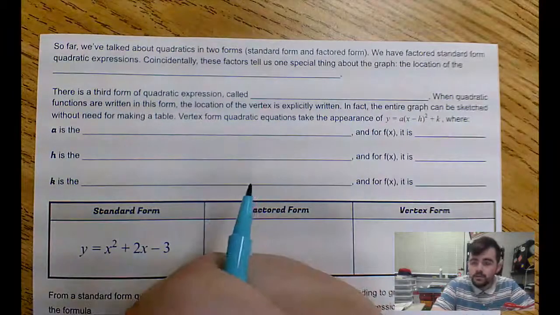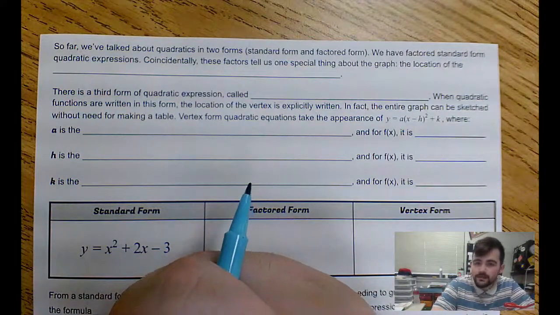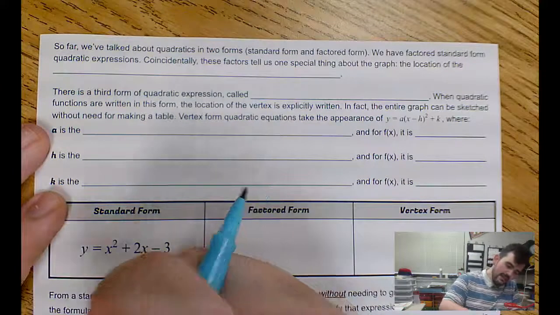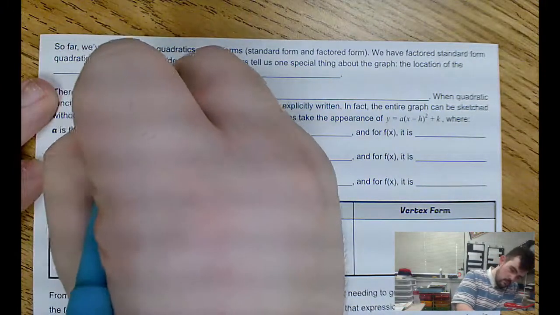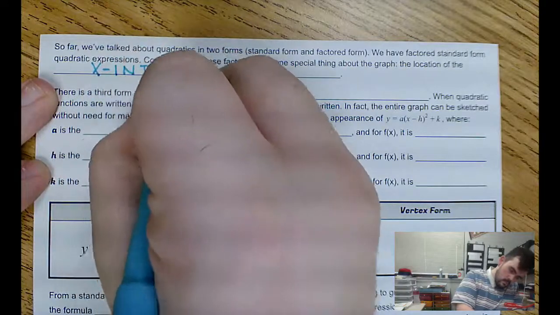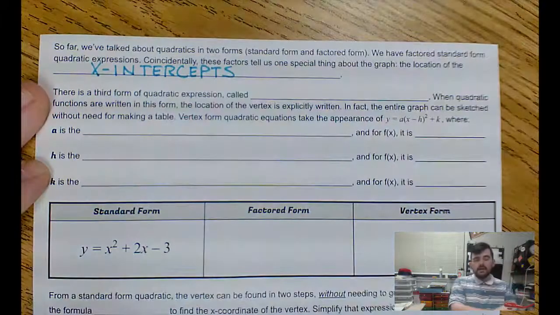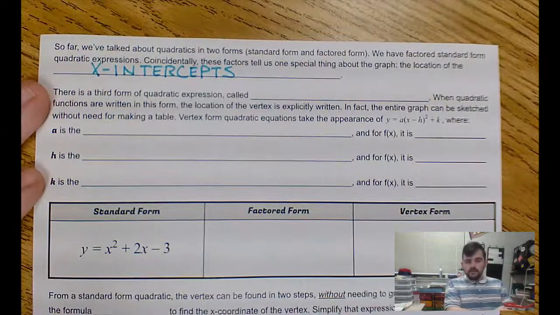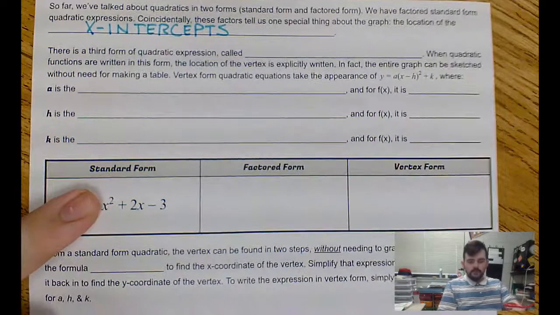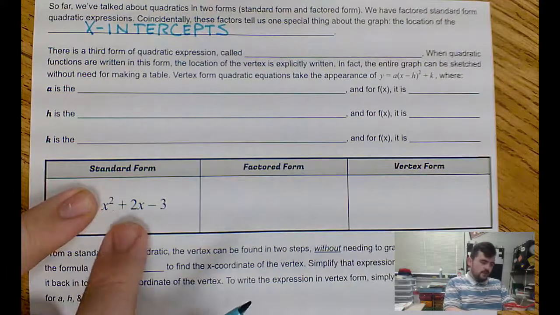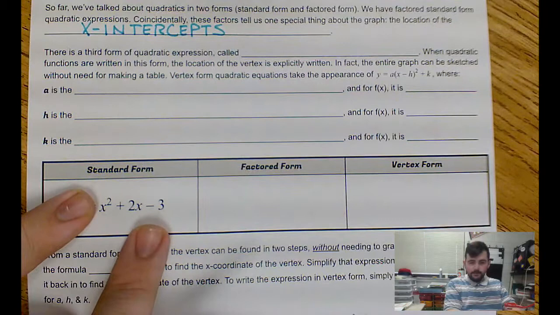Now, I mentioned this a little bit ago, but coincidentally, the factors tell us one special thing about the graph, the location of the x-intercepts. Now, we're mostly done factoring for the next little bit, but let's factor this quadratic, ignoring the y equals part. This x squared plus 2x minus 3 is the function we started with, the one we've been graphing.